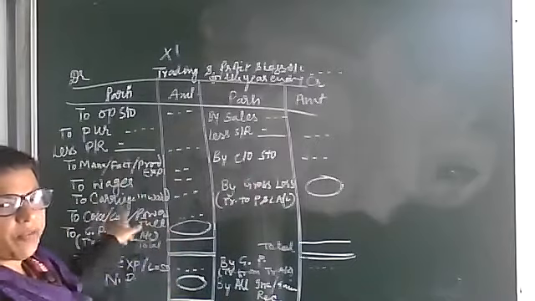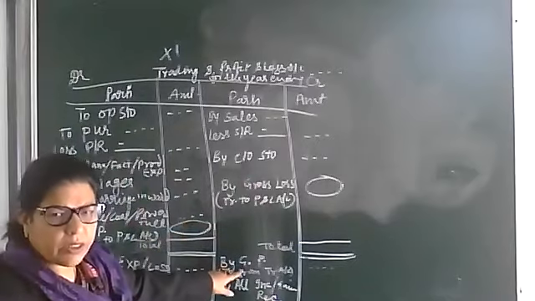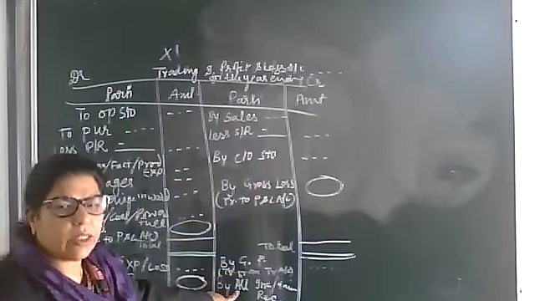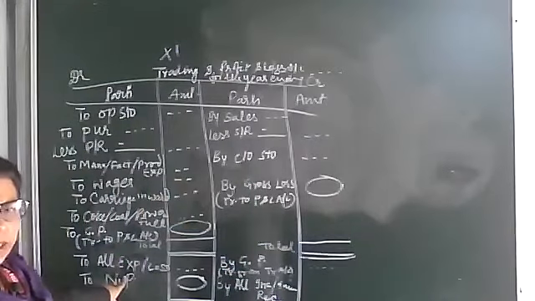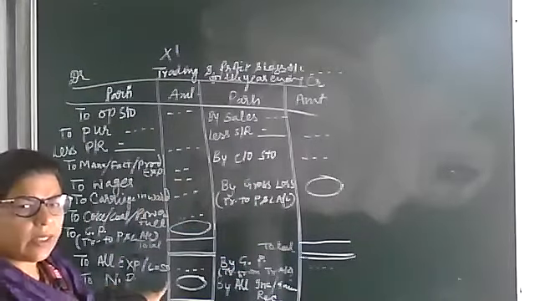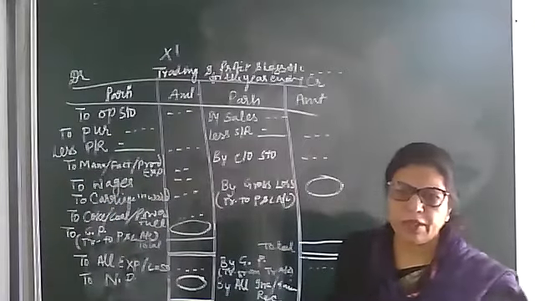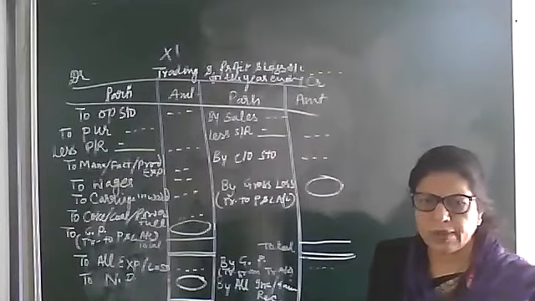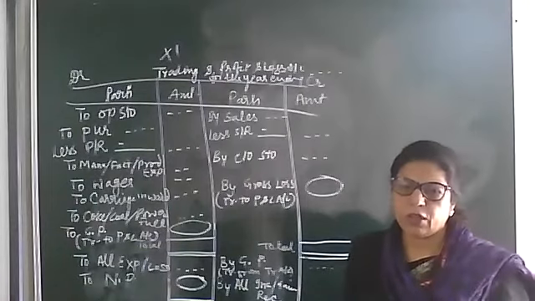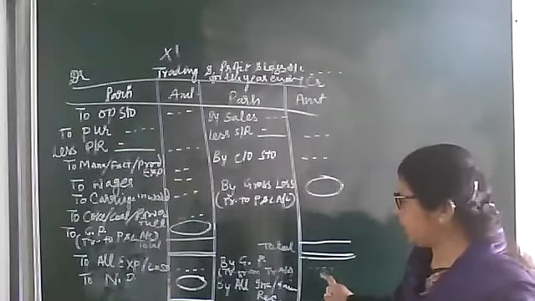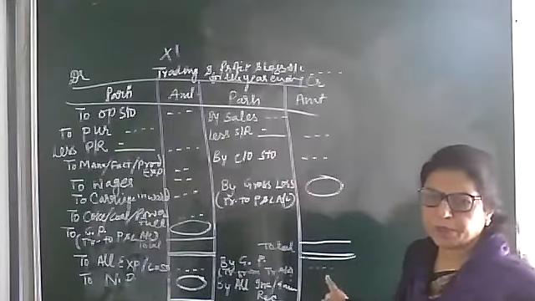See, gross profit will be transferred to P&L account, then all incomes to be added and all expenditures to be subtracted, then net profit may be calculated. Okay, I am going to explain it through a formula also. Gross profit we have already calculated, now through GP.